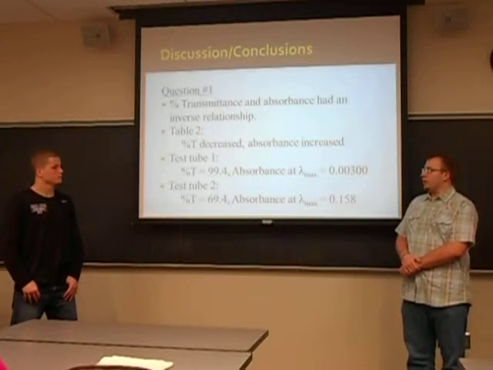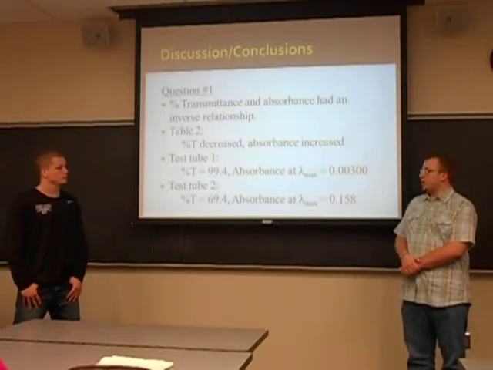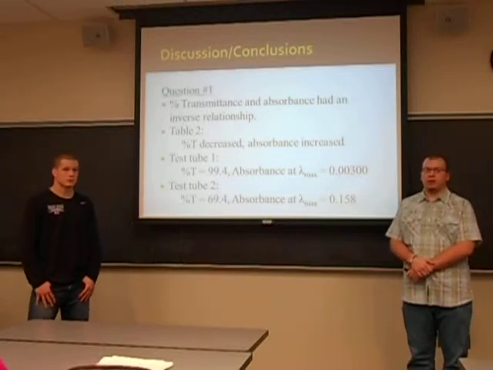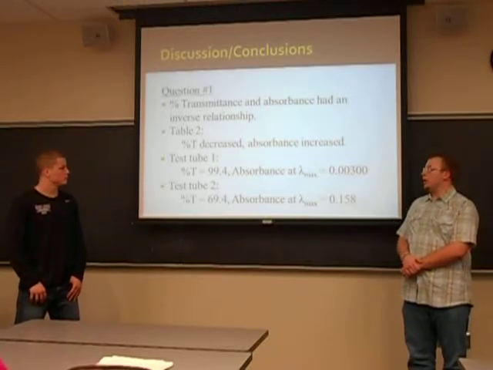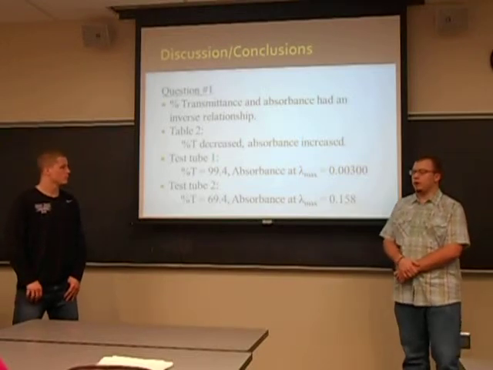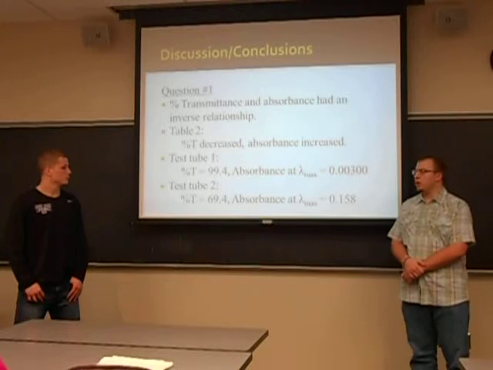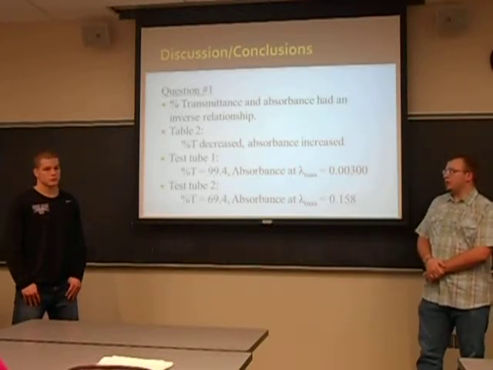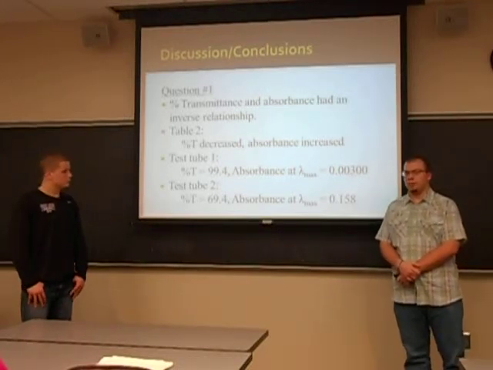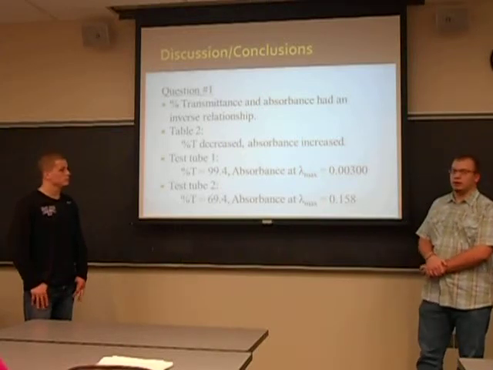Another example of this: in test tube number 1, the percent transmittance was 99.4, and the absorbance at the lambda max was 0.00300. In test tube number 2, the percent transmittance was 69.4, and the absorbance at the lambda max was 0.158.